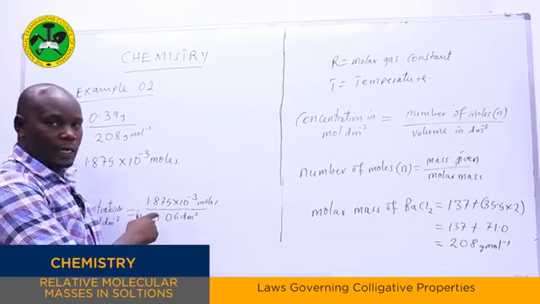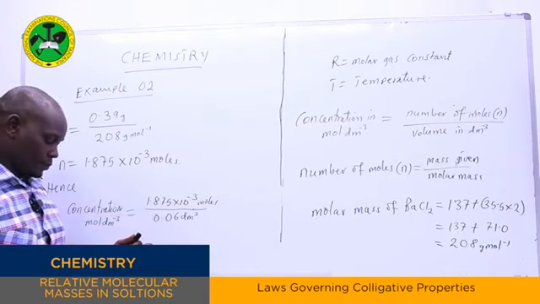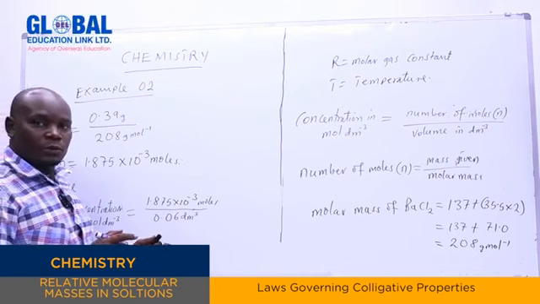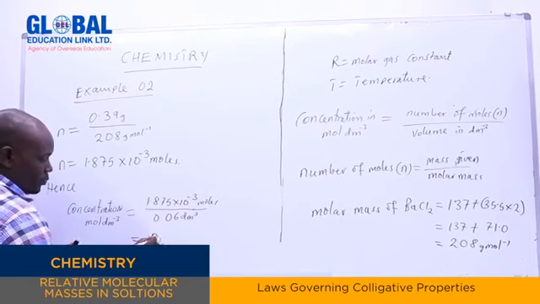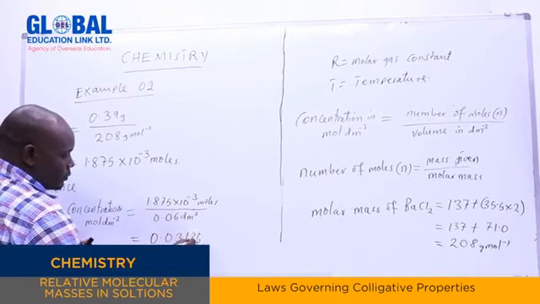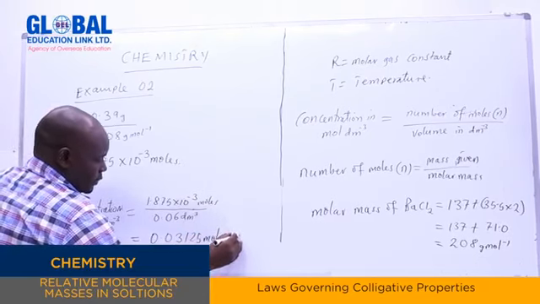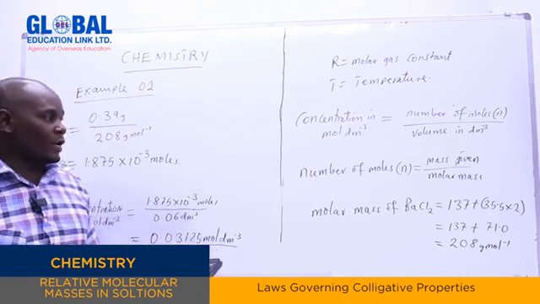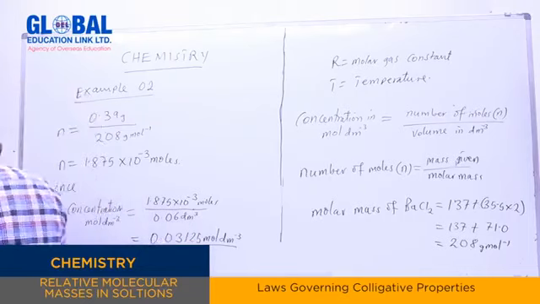So if we divide now the number of moles by volume, the concentration obtained is 0.03125, that is moles per decimeter cubic. Now this is our concentration that we have now to substitute in Van 't Hoff's equation.